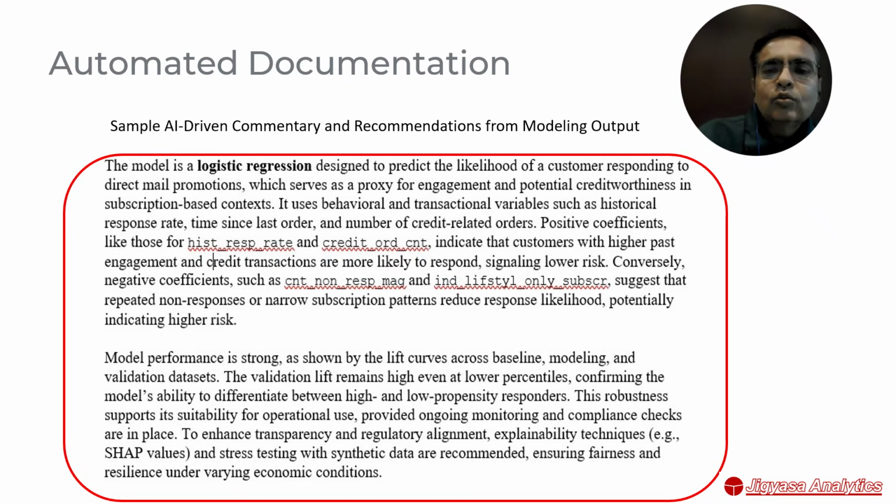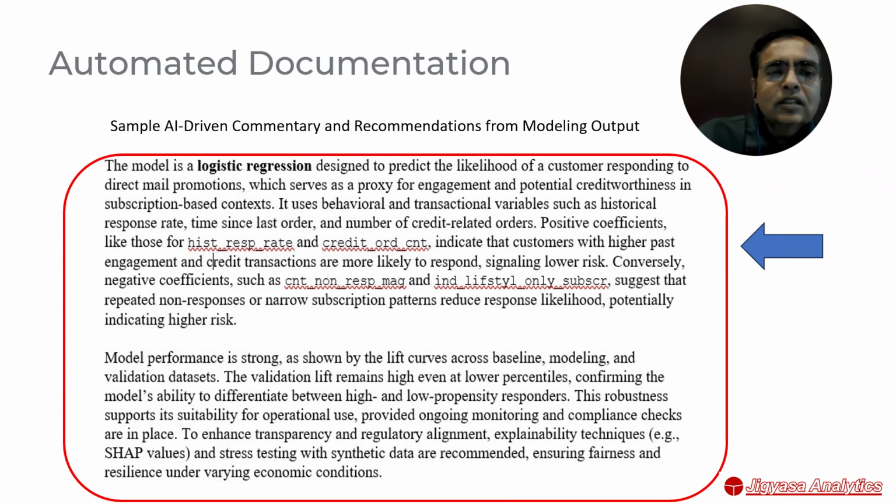And at the top, if you notice the first paragraph, it gives you a lot of explanation about the model. It says it's a logistic regression model. It uses behavior variables. It says the positive coefficients of certain things like credit order count and historical response rate indicate the customers with higher past engagement do a better job.